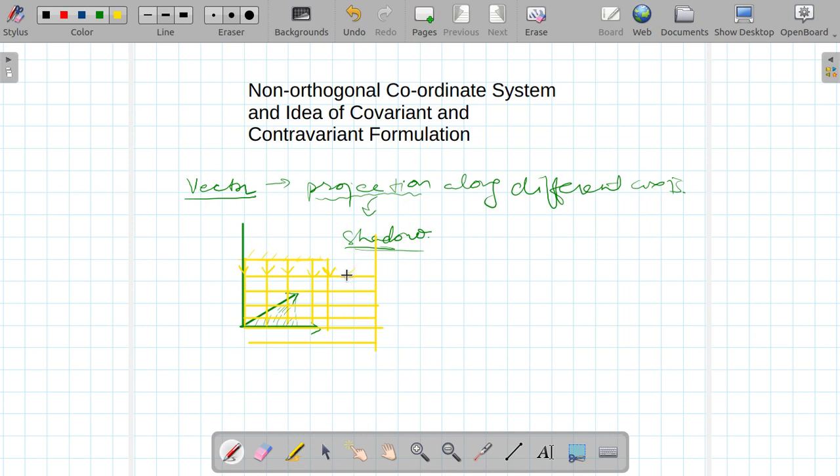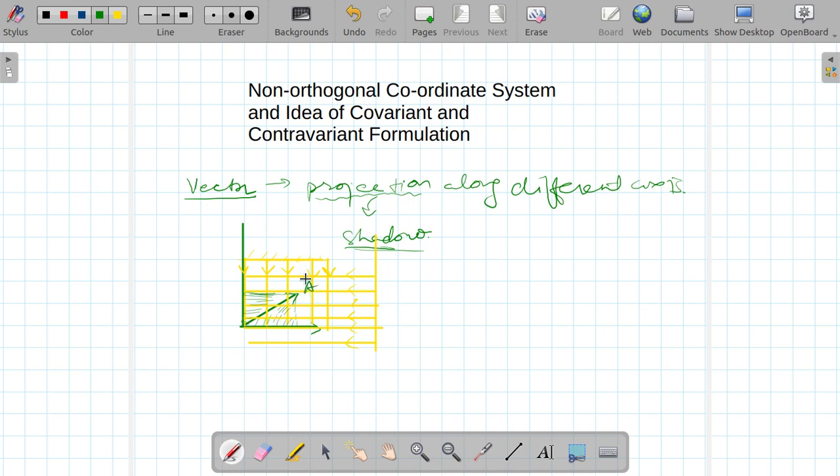If things are happening in this manner, then this is the shadow region.